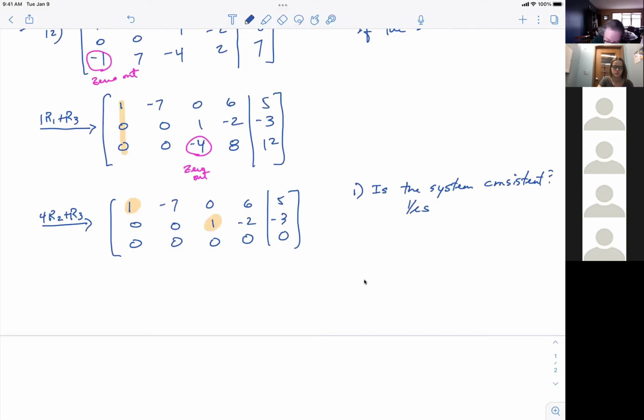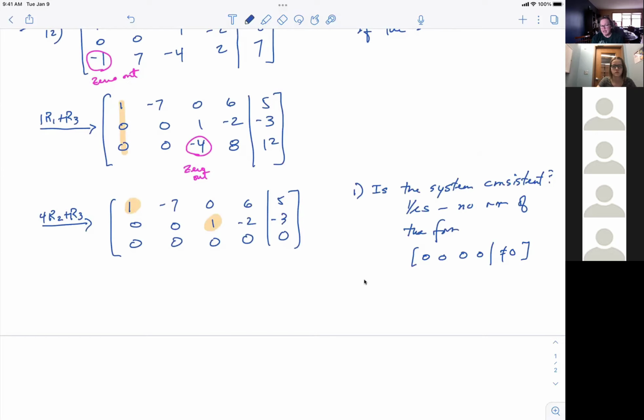Yes. I have a question. Yep. So when you're trying to get it into echelon form, in that second matrix there where it's 1, -7, 0 on the top, if you go right 1 and down 1 and it's a 0, you just move right in that same row to look for a new leading coefficient? Yeah, because you want your leading entries, you want to have one in each row if you can.